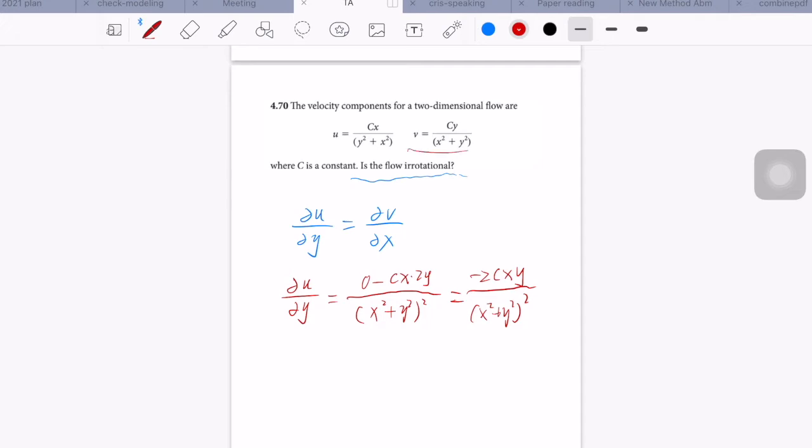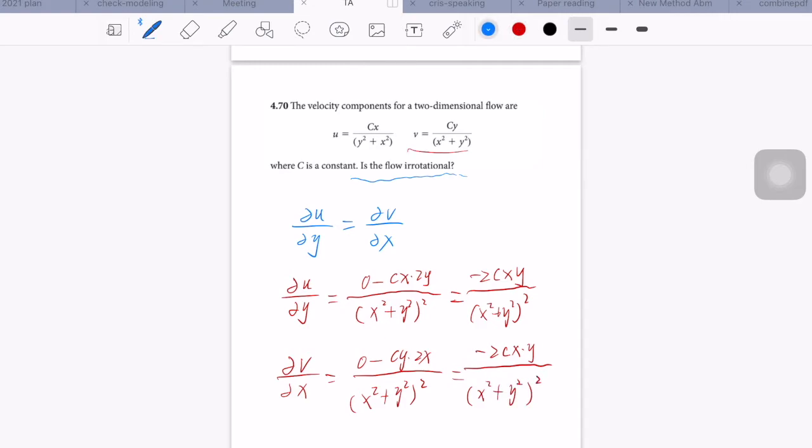And the partial derivative of v with respect to x should be equal to 0 minus cy times 2x divided by x squared plus y squared. So we can see it also equals minus 2c times x times y divided by x squared plus y squared.